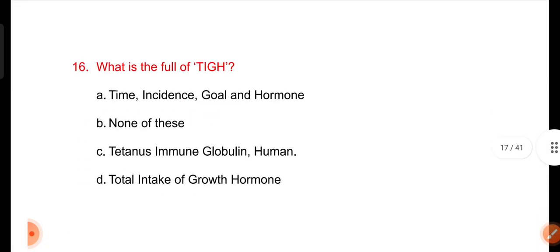The next question is: what is the full form of TIG? The options are: A, time, incidence, goal, and hormone; B, none of this; C, tetanus, immunoglobulin, and human; D, total intake of growth hormone.